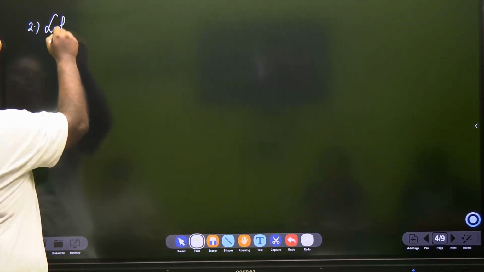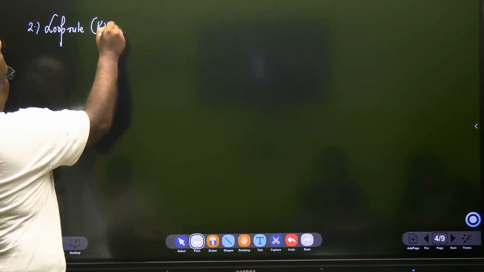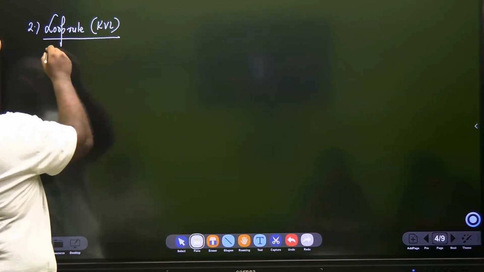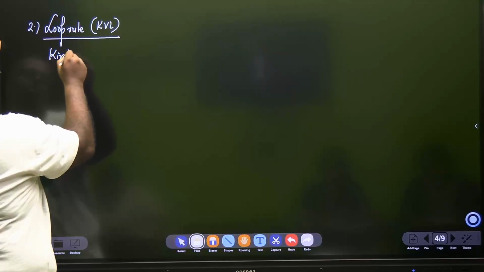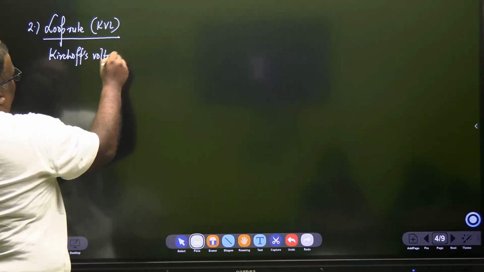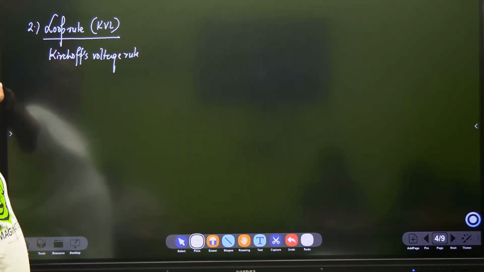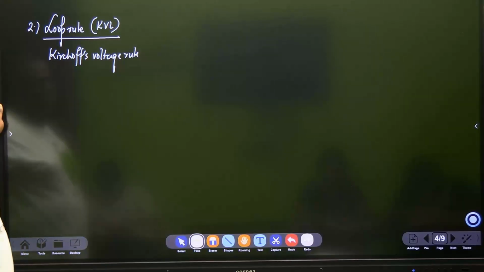The next rule is known as the loop rule, also known as KVL, the Kirchhoff's voltage rule. So please understand this.